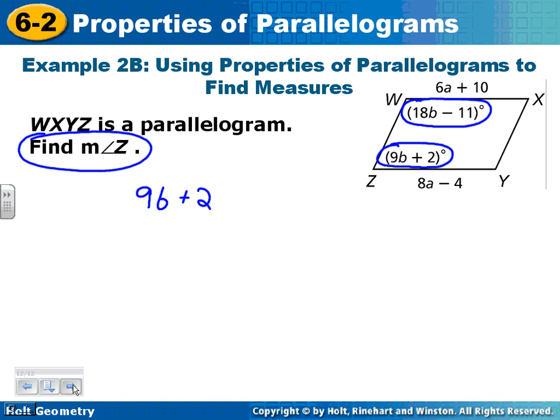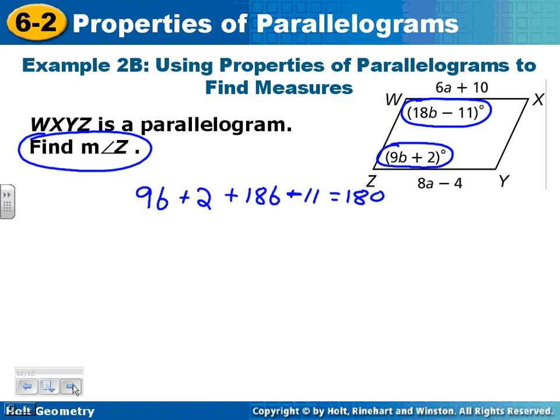They are not equal. They are supplementary. So I have to put a plus sign. 18b minus 11 equals 180. They are not equal to each other. They add together to equal 180.